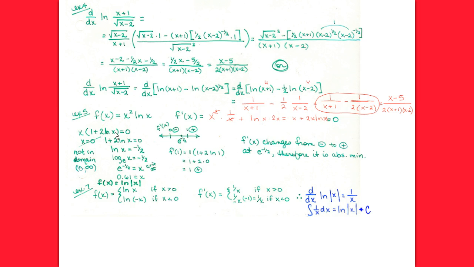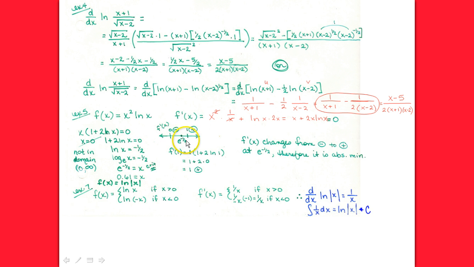It's not in my domain. So let's work on our other factor then. We had 1 plus 2 ln x equals 0, so we could subtract that 1 from both sides and divide by that 2. So that gave us ln x equals negative 1/2. ln is just log base e. So from what we did yesterday, we could say e to the negative 1/2 is equal to x, and that's going to be our critical number.